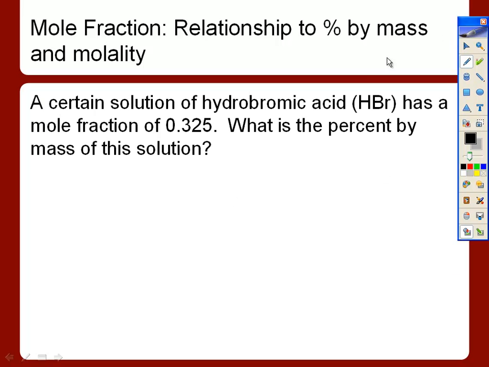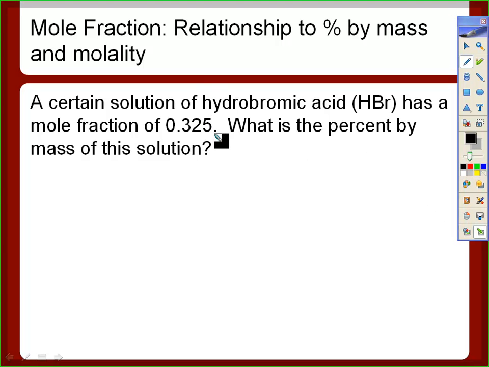So I want to show you the relationship to some of these other things, our mole fraction's relationship to percent by mass and molality. So we've got a certain solution that has a mole fraction of 0.325. Now that is going to be my solute. If you're given something that is a solution, that mole fraction you're given is going to be of your solute.